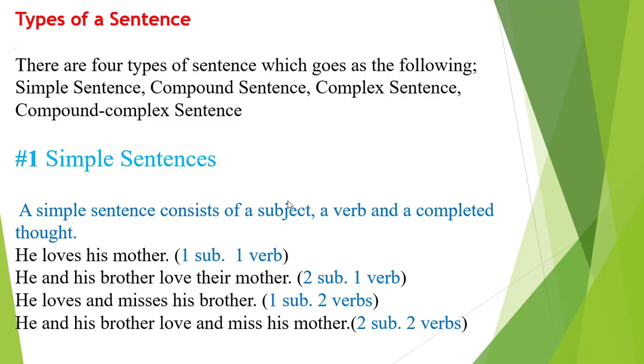Still we have 1 sentence, a simple sentence. He and his brother love and miss his mother. 2 subjects, 2 verbs, 1 object. All of these are called simple sentences.